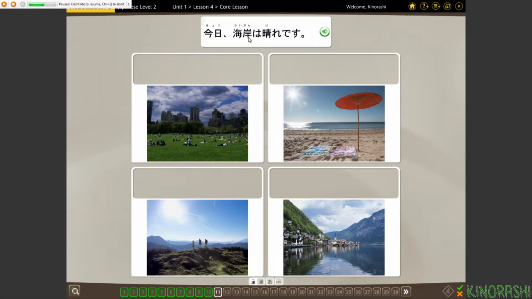Maybe, I don't know, you can think of that as the umbrella being stuck in the ground at the beach. Maybe that's the cooler you brought with you. Not really sure how to remember this. Kaigan. And then hare. So, kyo kaigan wa hare desu.